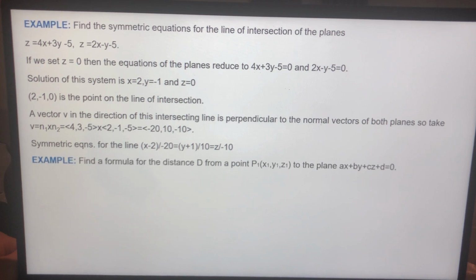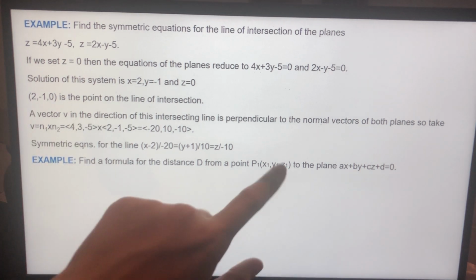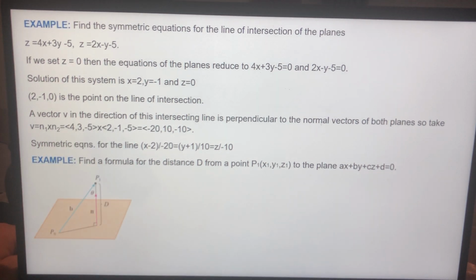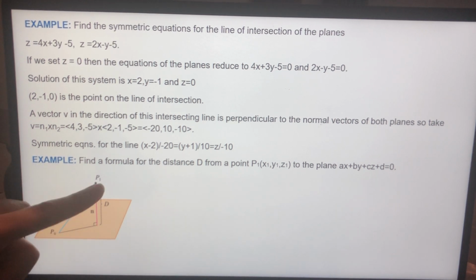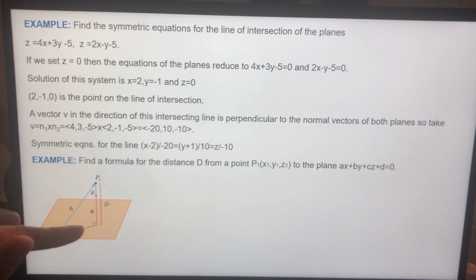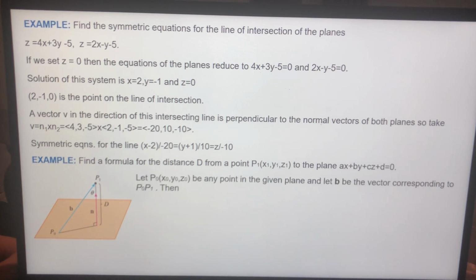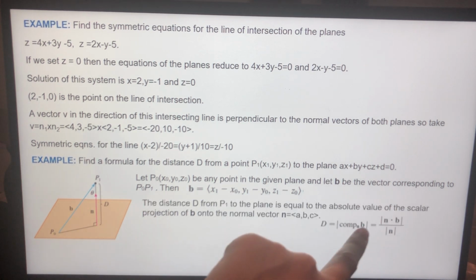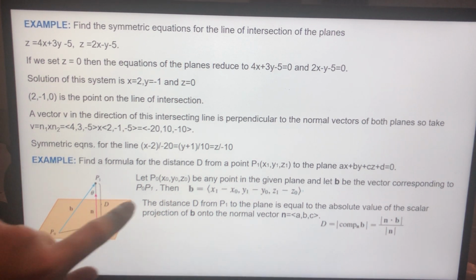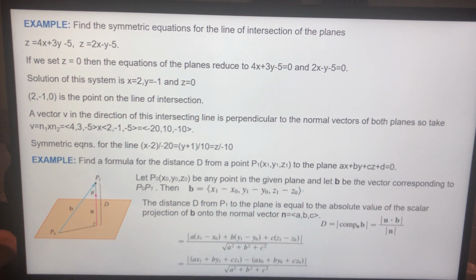And this is for finding the formula for the distance d from the point P to the plane. And here you go, from this point P to the plane, how can you find that distance? By using the projection of P on D, you can easily write this equation. This is n dot b over the length of n, where b is in here.